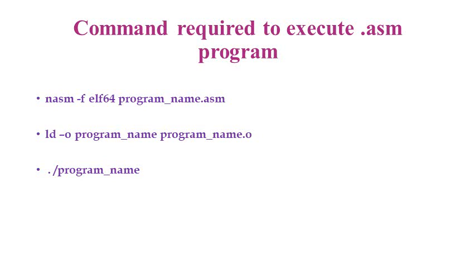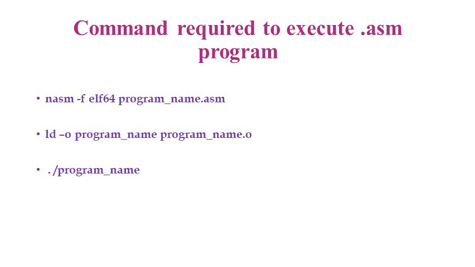The next command is ld. Now ld stands for linker. -o means create an output file with the name whichever we have given here, and the input is the object file. So we have to give the name of that object file here.